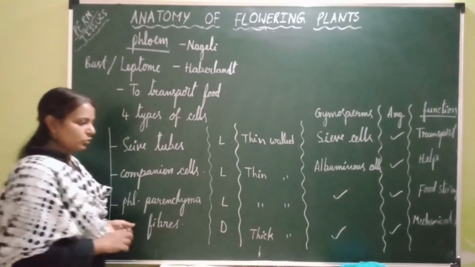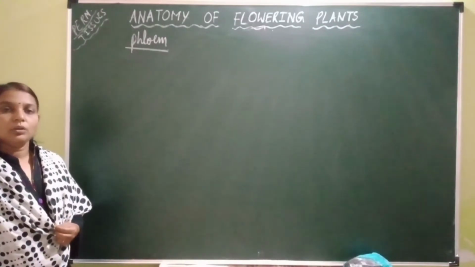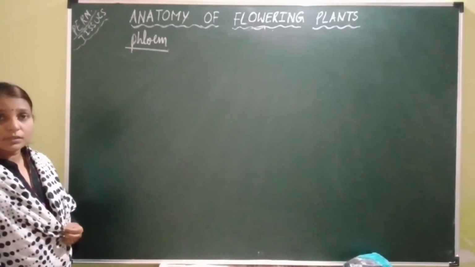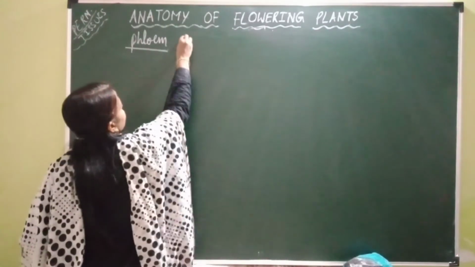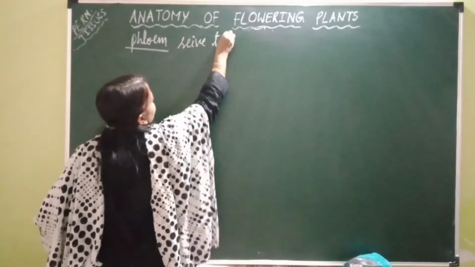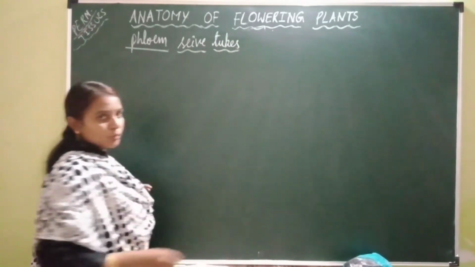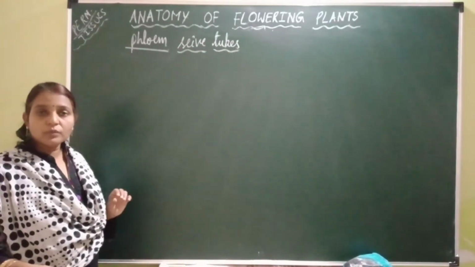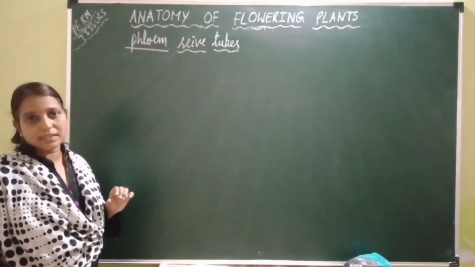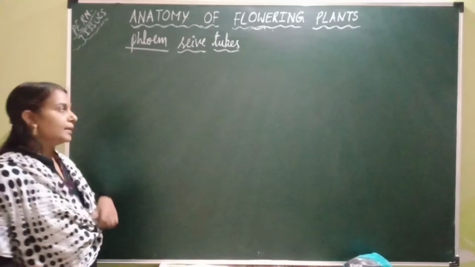Let's start with sieve tubes first. Phloem sieve tubes are formed by the joining of several thin-walled cells called sieve tube members or sieve tube elements.